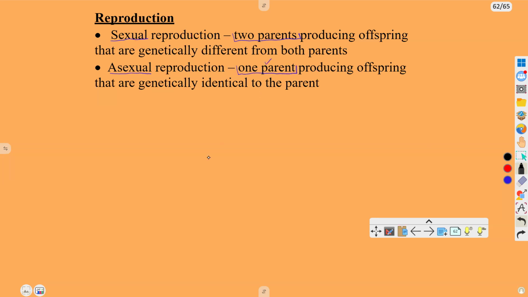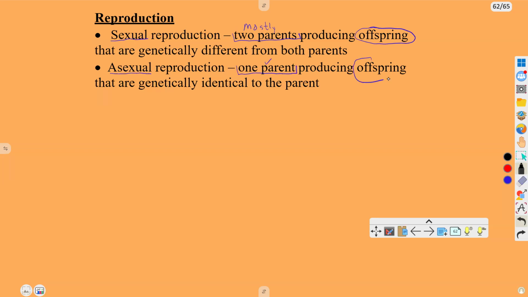Well, this one is still true, mostly, but it is possible for there to be sexual reproduction with just one parent. So we need to adapt our definitions, and this is where we look at the offspring.